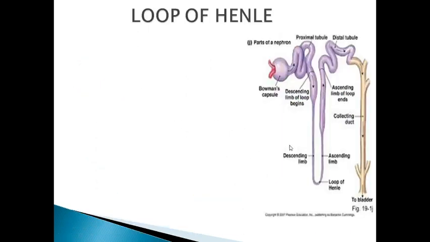Now, after the proximal convoluted tubule, the next segment is the loop of Henle. This is the loop of Henle. Complete structure is the loop of Henle, which is divided into a descending limb, then an ascending limb. Okay, and this loop of Henle, ascending limb, again has two parts: a thin part of the ascending limb and a thick part of the ascending limb.